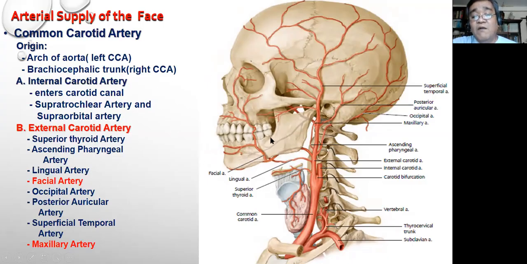Now, the majority of the blood going to the face is via the external carotid artery, and specifically from one of its branches, the facial artery, which takes off just at the level of the angle of the mandible.